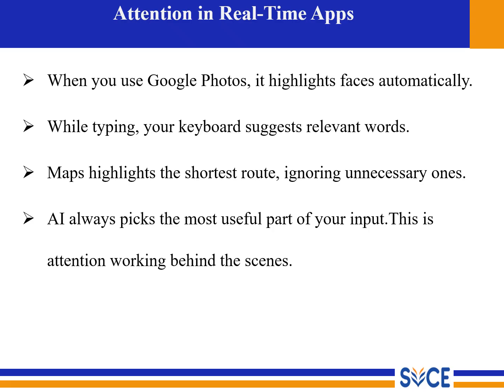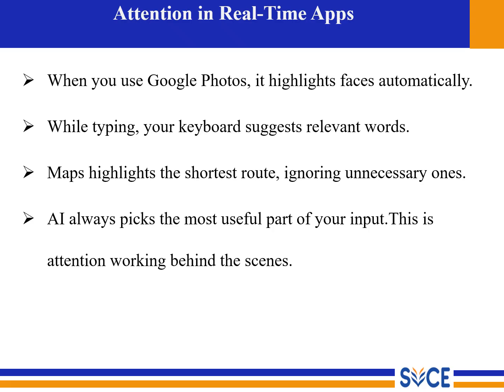Another example is Google Maps. When you search for directions, it does not show all the possible routes. Instead, it highlights the shortest or fastest route based on the traffic conditions. This is again attention at work. AI systems are constantly filtering information and presenting only what is useful.